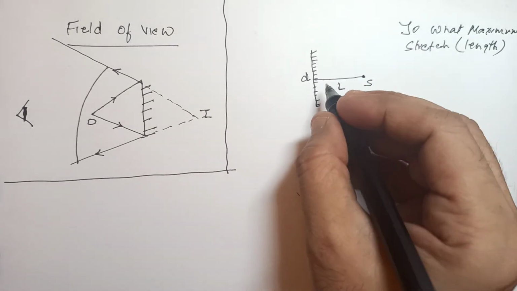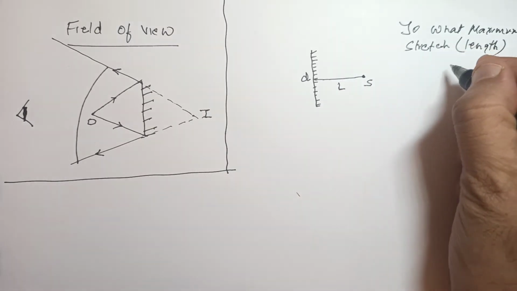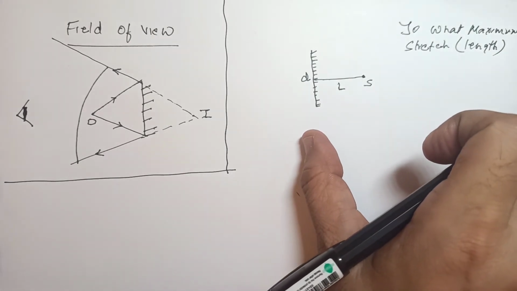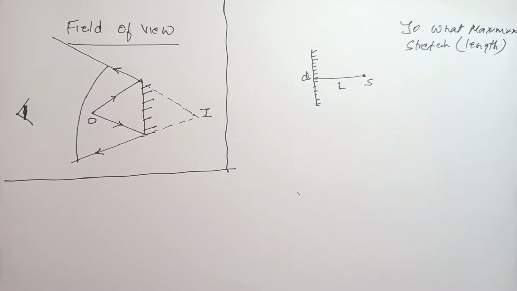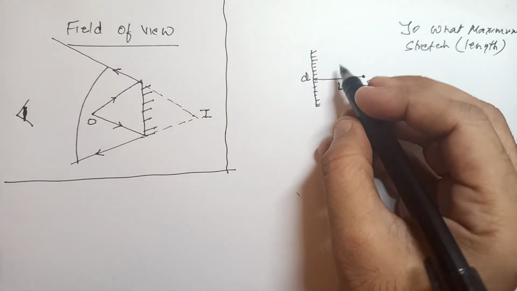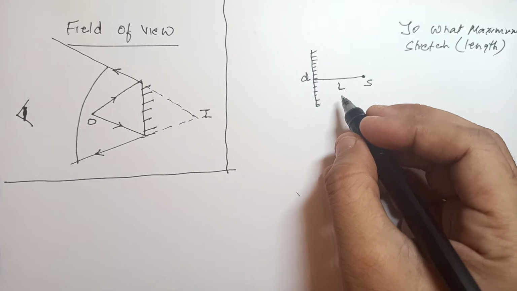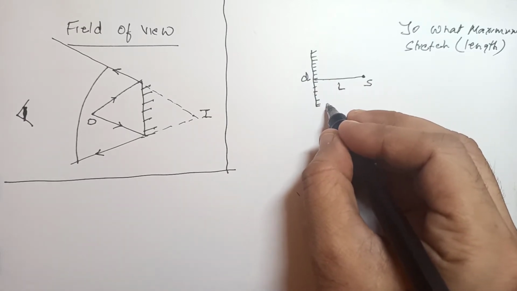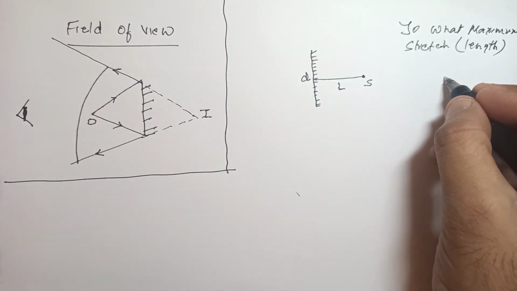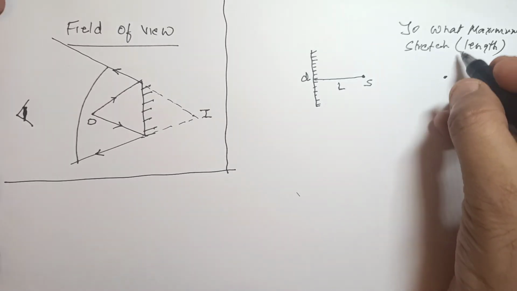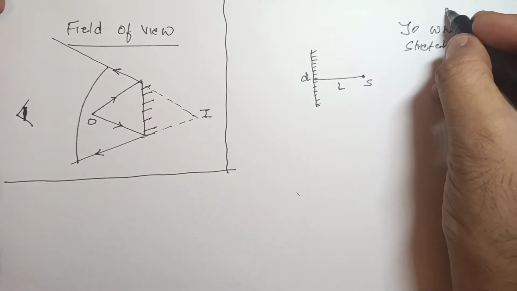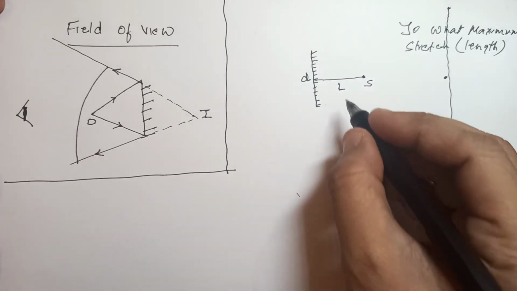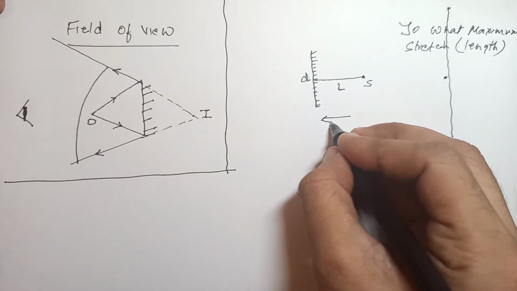Now in front of this, at a distance of 2L from this mirror, let's say at this point, there is a gentleman who is walking in this direction, which is parallel to the mirror, and this distance is 2L.